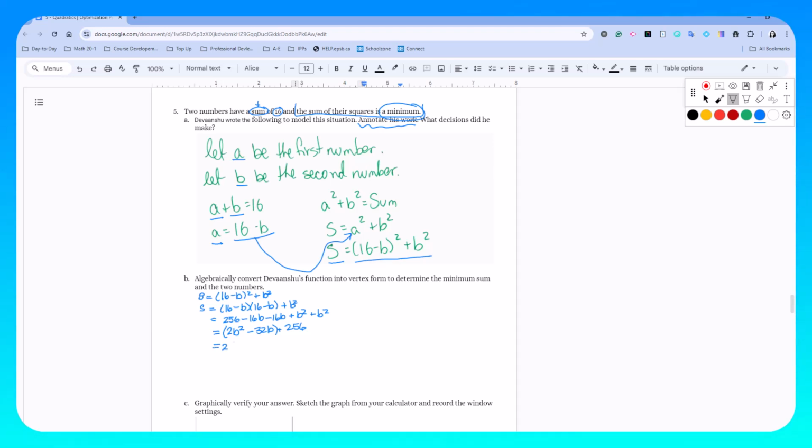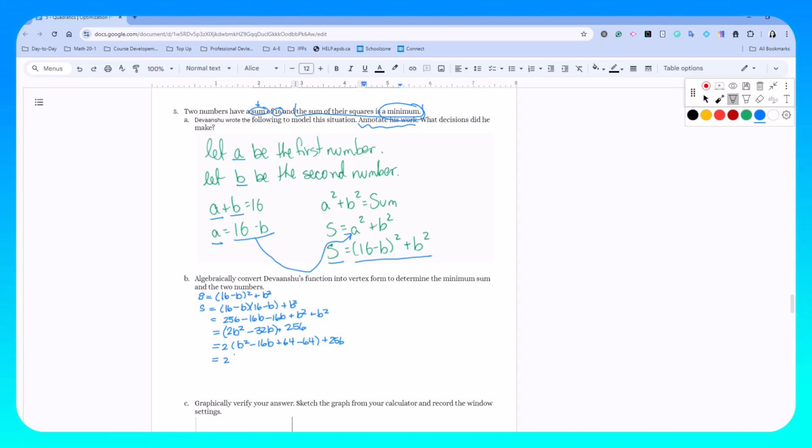And I'm going to factor out the 2. Now at this point right here, I'm going to take half of 16, which is 8, and square it, which is 64. And I'm going to add 64 and subtract 64. Remember, I'm going to close the brackets, but I'm not going to forget the 256.